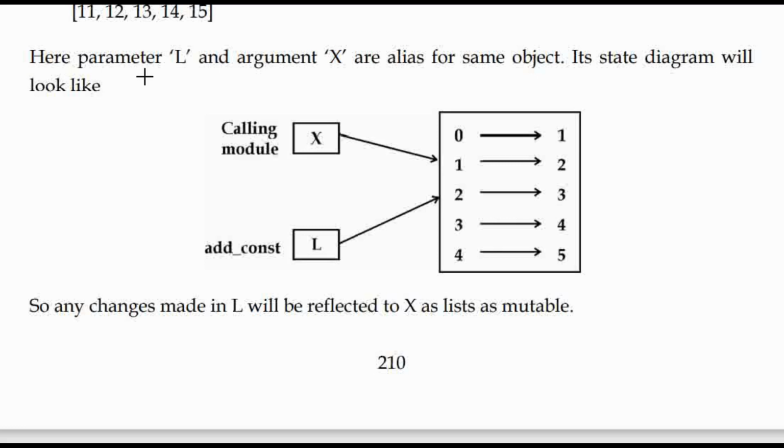Here parameter L and argument x are aliases for the same object.